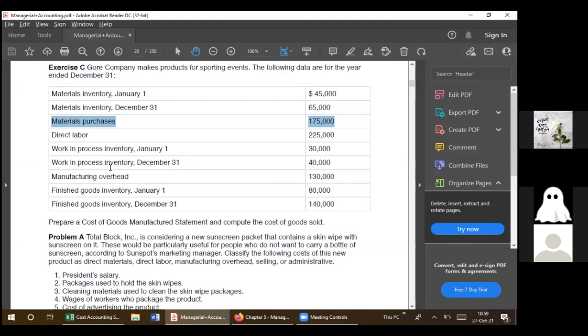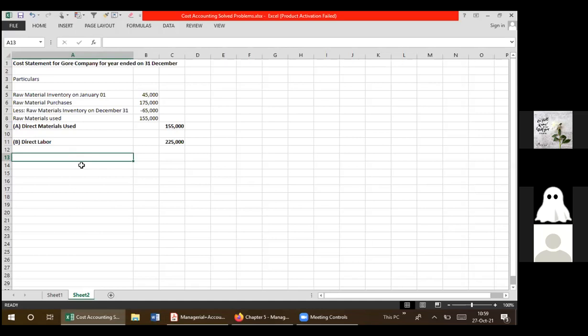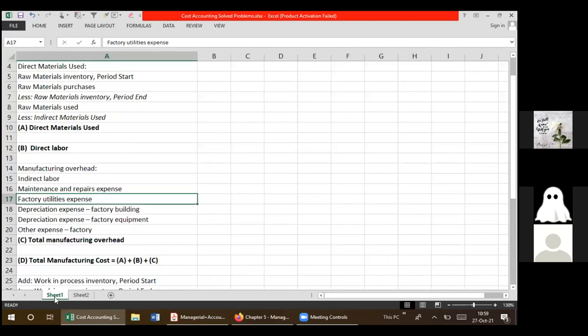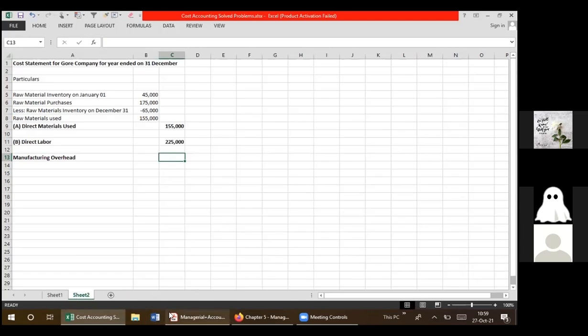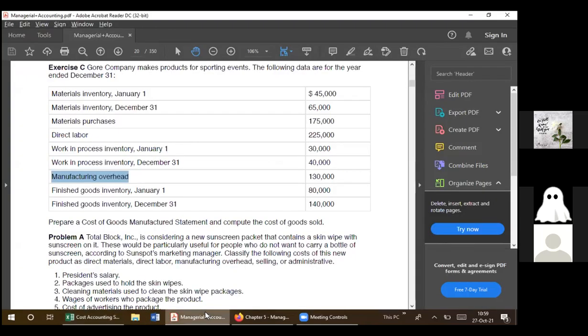So we had just one amount that says manufacturing overhead. It is 130,000.